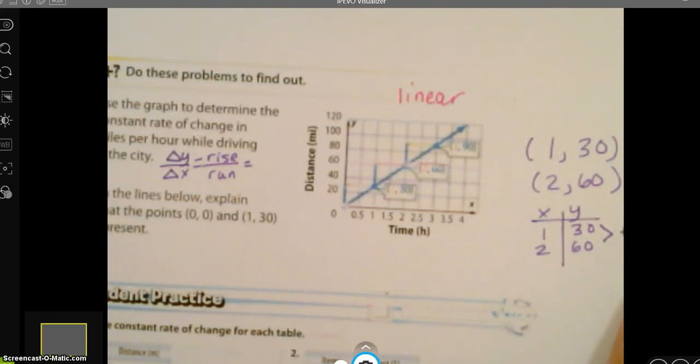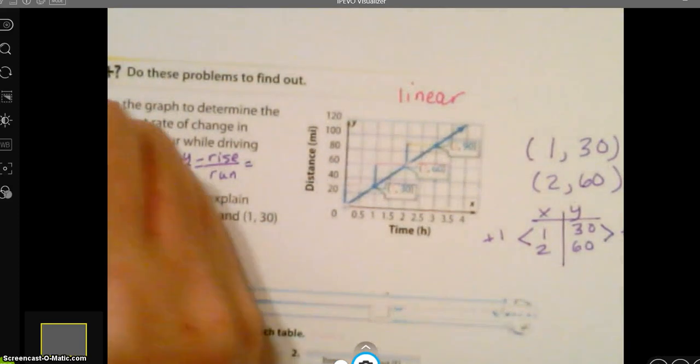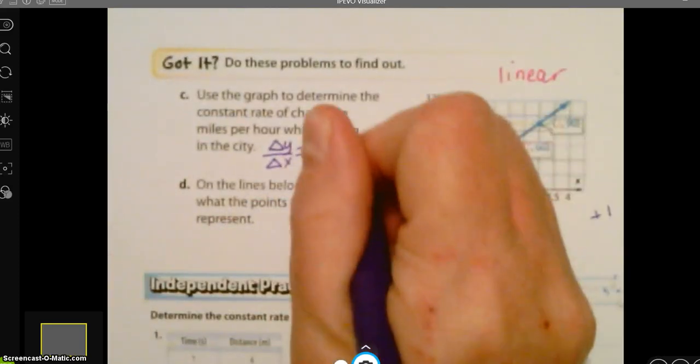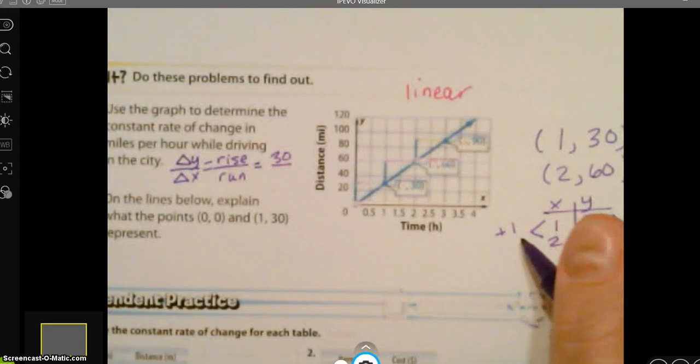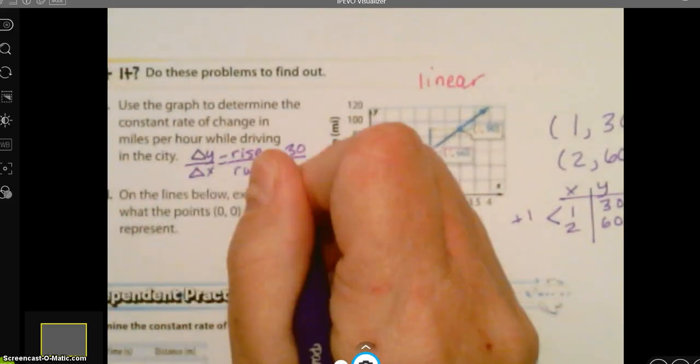It's a change of 30. 30 plus 30 is 60. And then how much is it from 1 to 2? Well, that's plus 1. So the delta y, this is our first time with a vertical table, is 30 over delta x, which is 1.